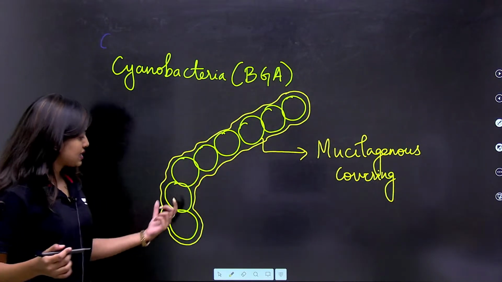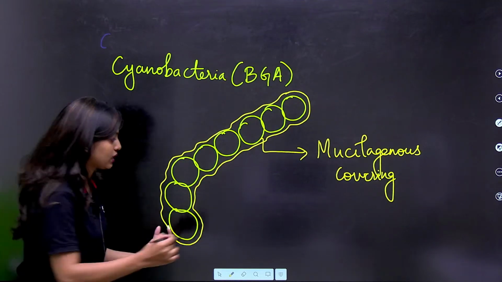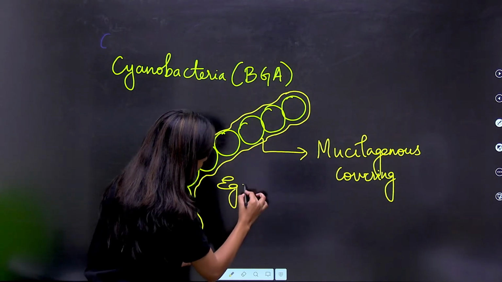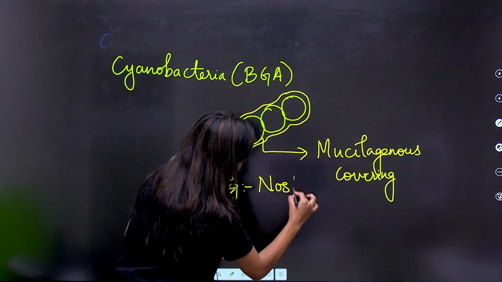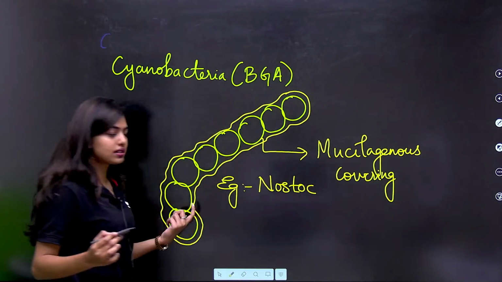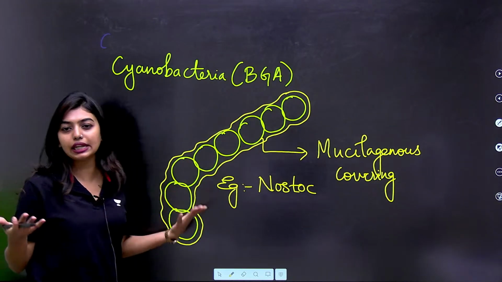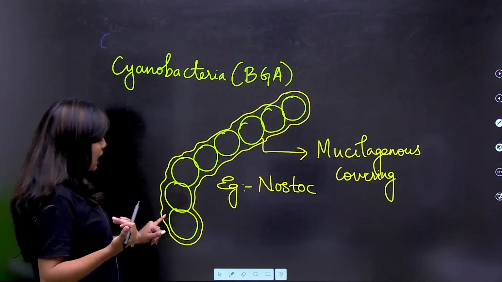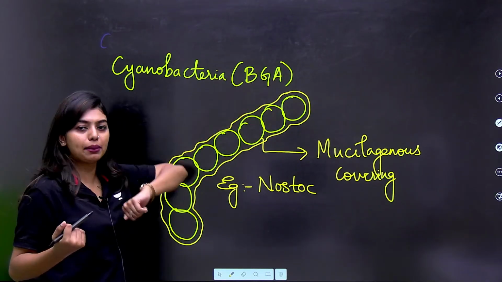This is Nostoc, an example of a cyanobacterium. They can form colonies. They will not stay individually, they will form colonies, and these colonies will look like a filament.